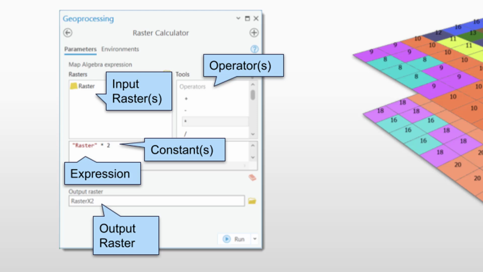And then below those two areas, you can see the actual text box where you're building the map algebra expression. In this case, it's raster is my input raster, times, which is my math operator, and 2, which is a constant. And what this expression is going to do is multiply every cell in the input raster times 2 and save that to my output raster. In this case, it's raster x2.